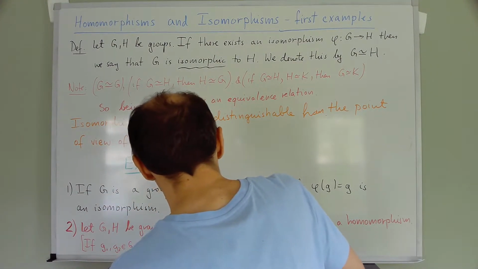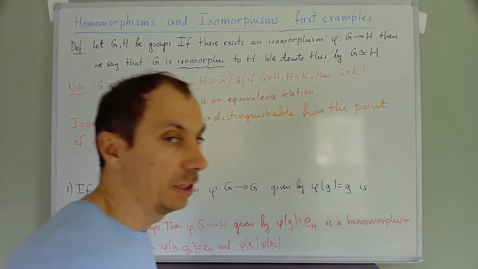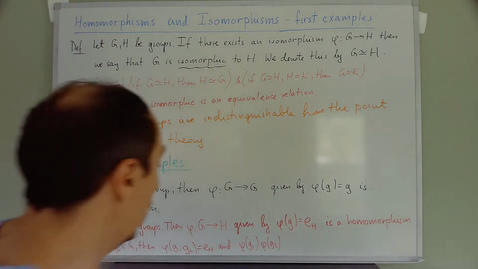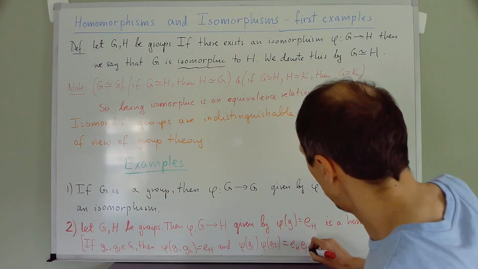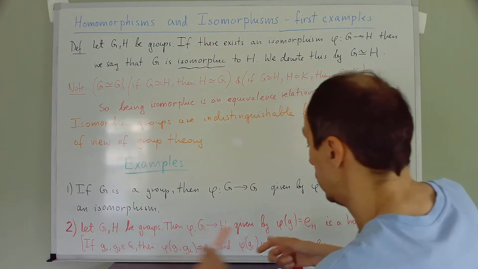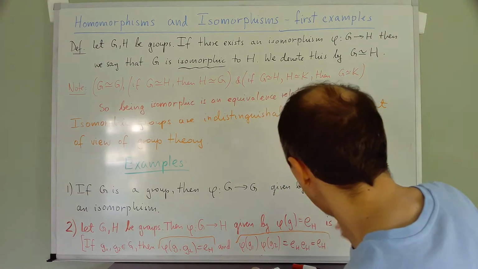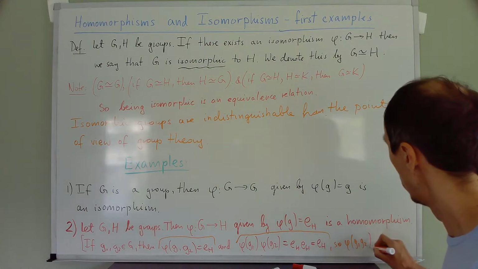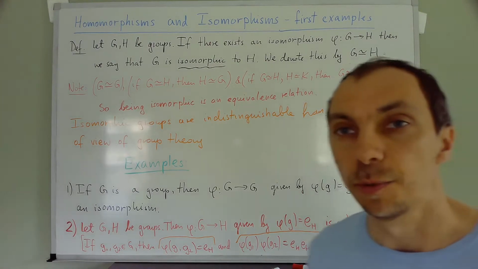And if I look at phi of g1, phi of g2, now this multiplication happens in the group H, but both of them just give me the identity in H. So it's the identity in H times the identity in H according to the definition, so that's just the identity in H. So look, these two things are the same. So phi of g1 g2 is equal to phi of g1 phi of g2. So that proves that phi is a homomorphism.